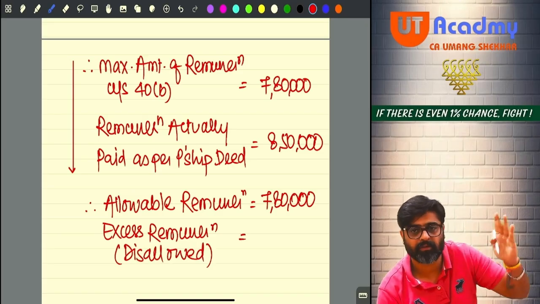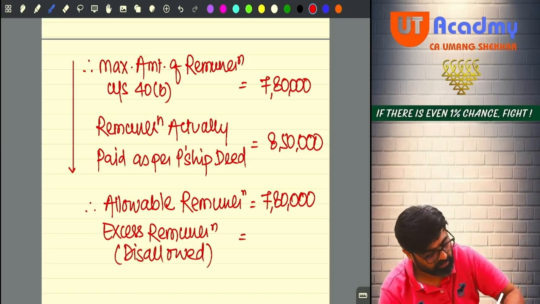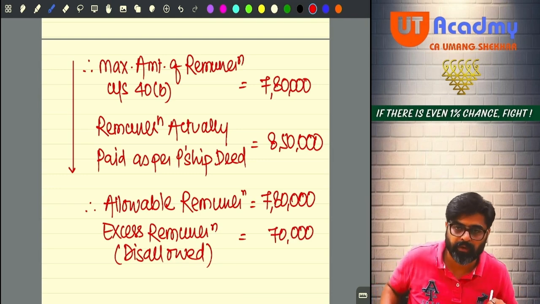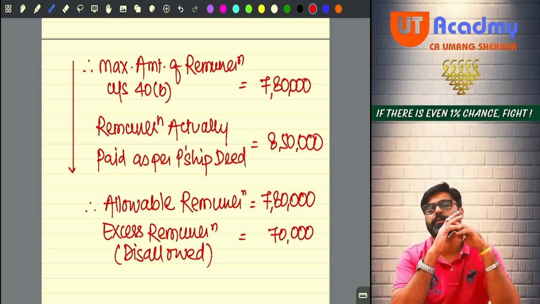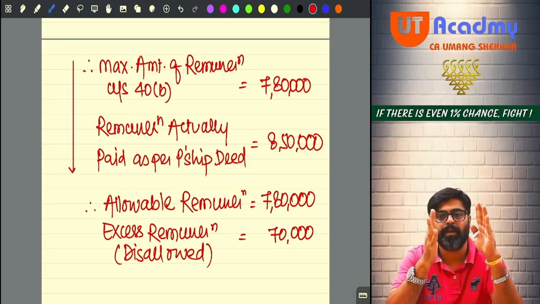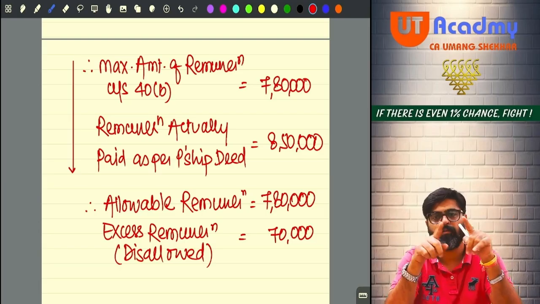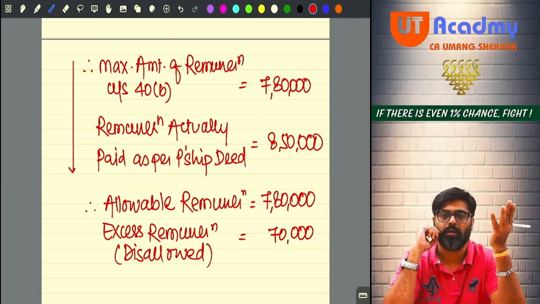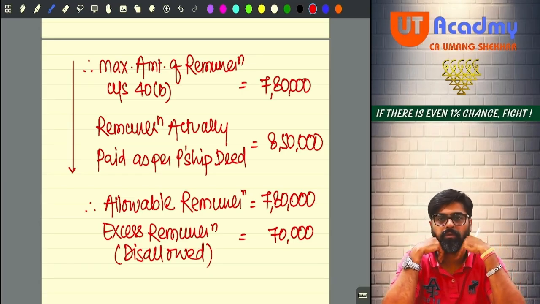Out of 850, 780 is allowed. Then 70,000, no? 70,000 will be disallowed. So in the profit of the partnership firm, 850, if it was reduced, I will add back 850 and I will reduce 780. Or I can directly add back 70. I can do that also.